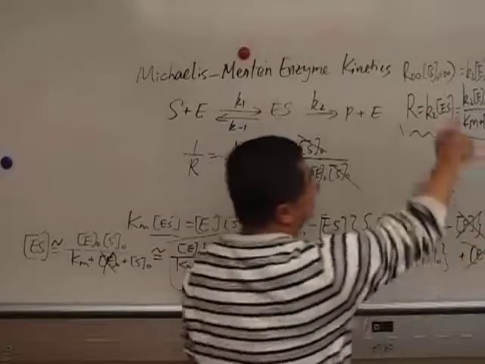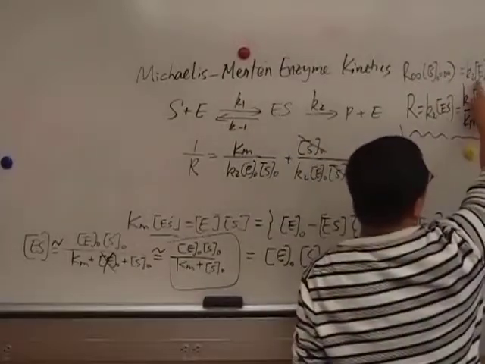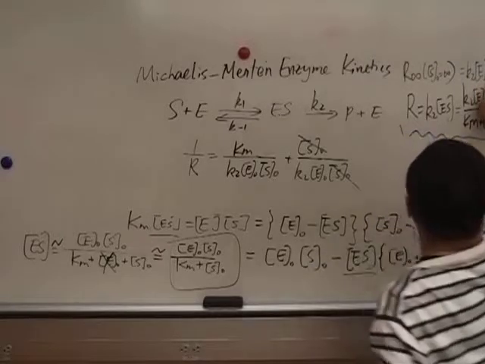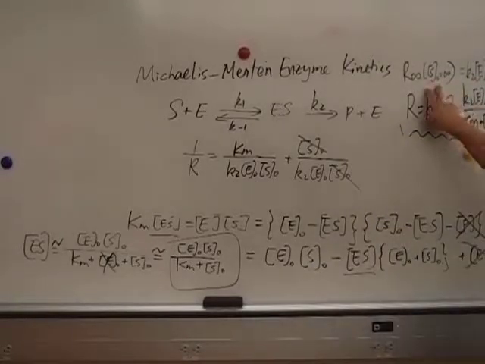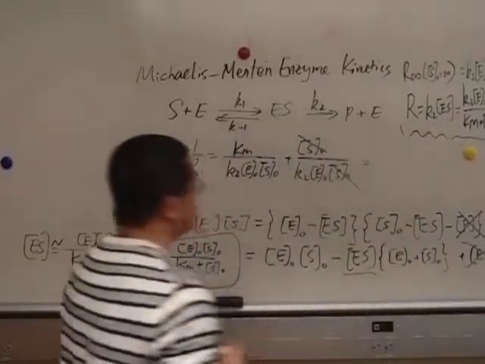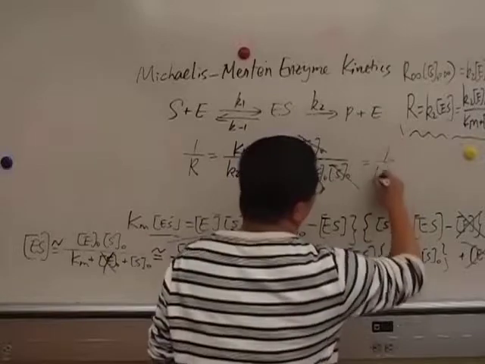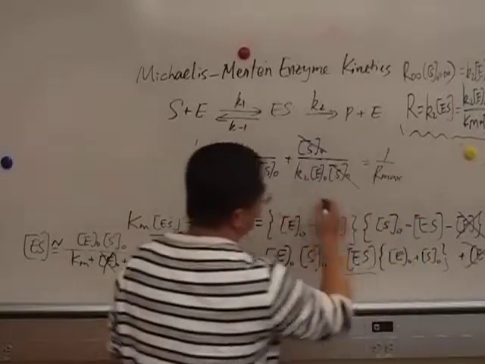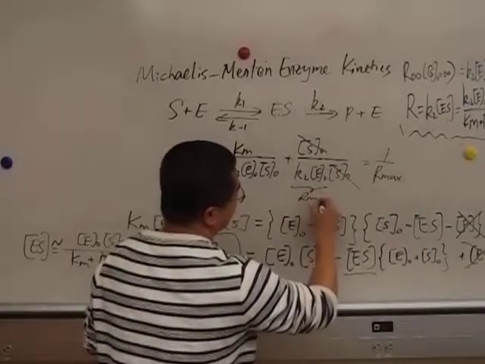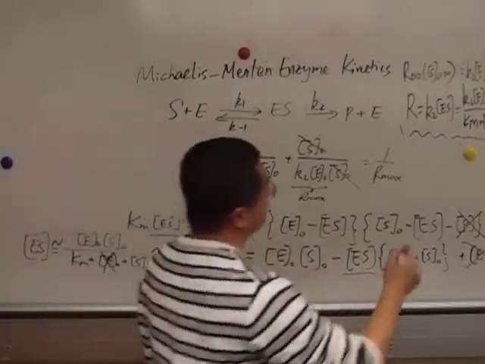We know that the maximum reaction rate is equal to K2 times the initial concentration of enzyme if we have an infinite amount of substrate. Then we can easily simplify this equation, and this guy is R max, and 1 over this is 1 over R max.